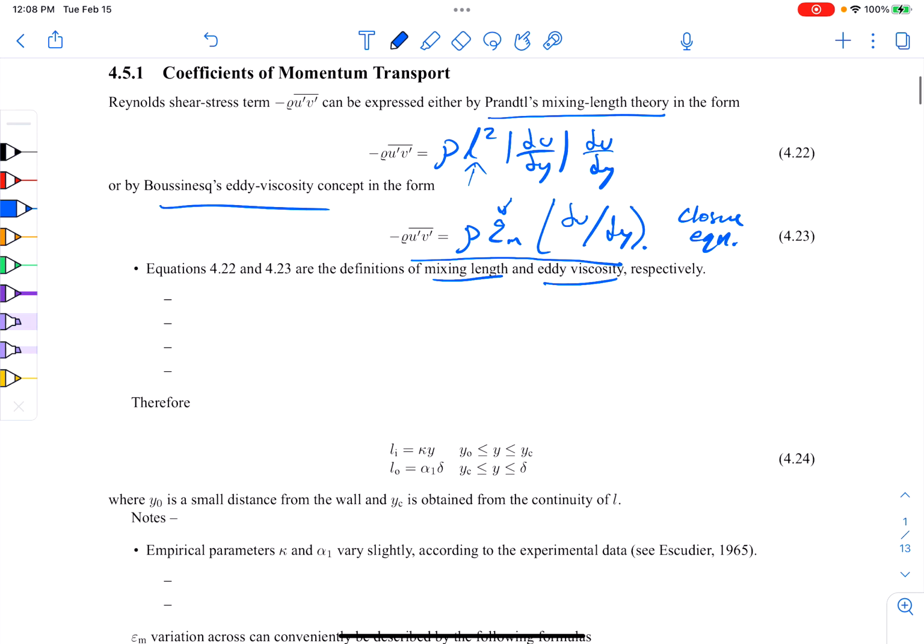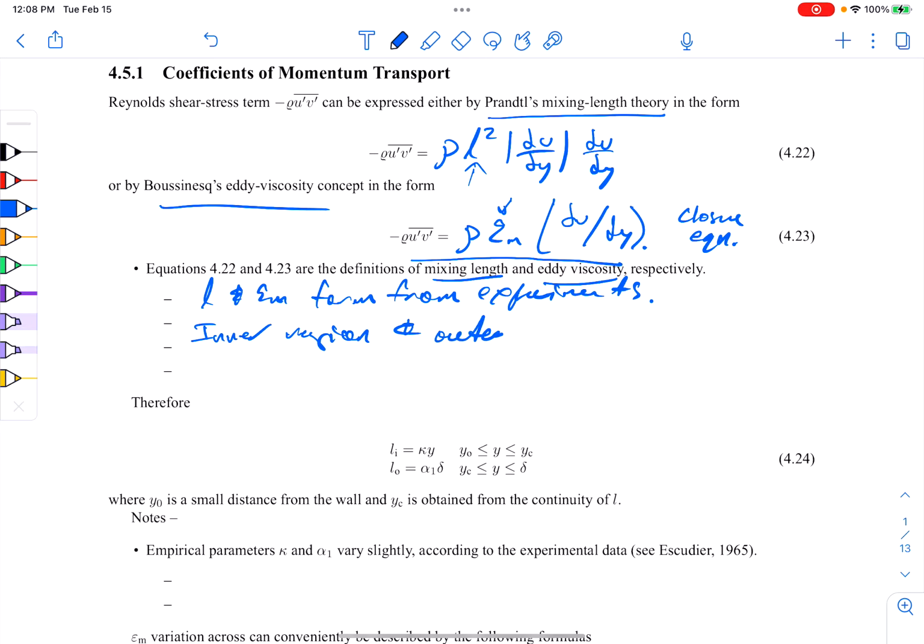So how might we know what L and epsilon m are? Because they're unknowns in this closure. Well, we might know L and epsilon m, at least their form, from experiments. But we obviously don't have experiments of vehicles before we design them. Before, we saw that there's maybe an inner region and outer region of the boundary layer.